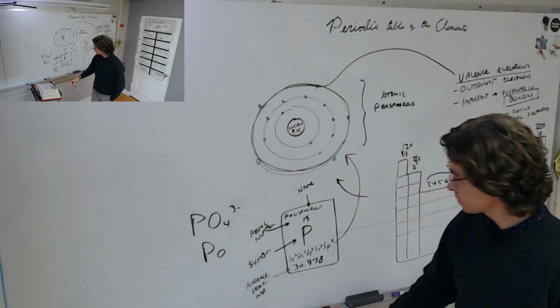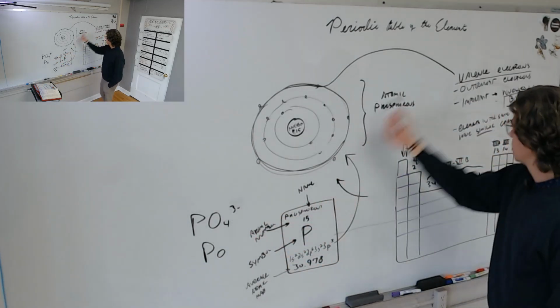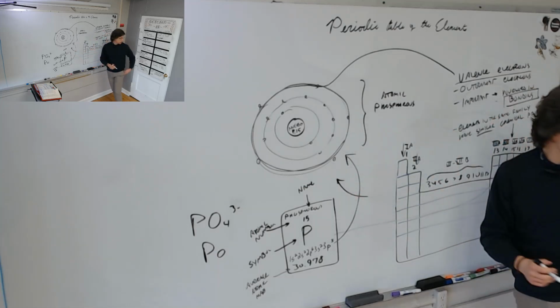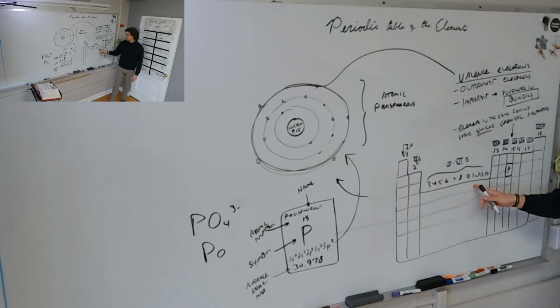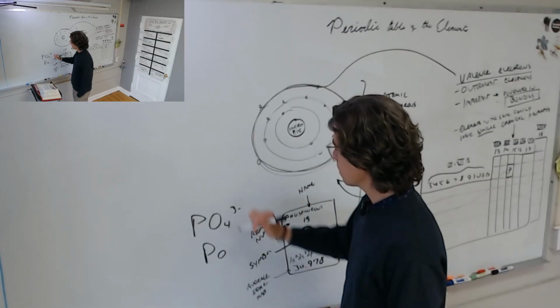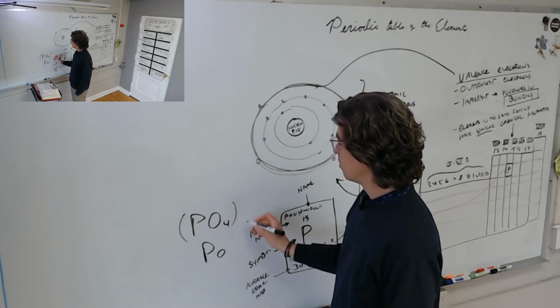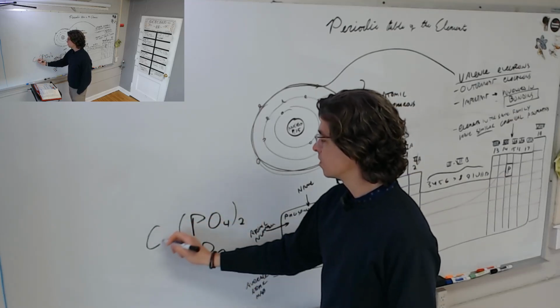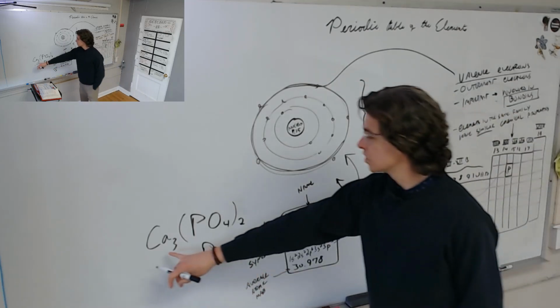For instance, this phosphate polyatomic ion, I kind of like this. I keep switching back between 2 different things, but if the objective is to relate the structure of the atom with the structure of the periodic table, I think it's good to kind of go back and forth. So this phosphate polyatomic ion might combine with calcium. So now instead of having just the phosphate polyatomic ion, we have calcium phosphate.